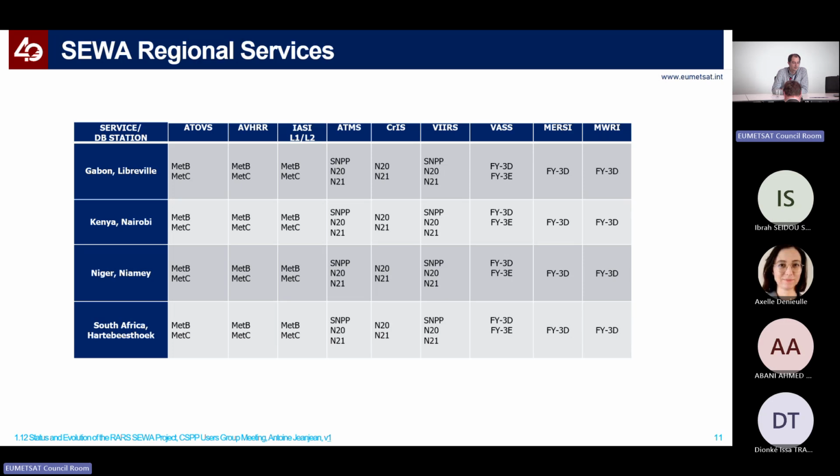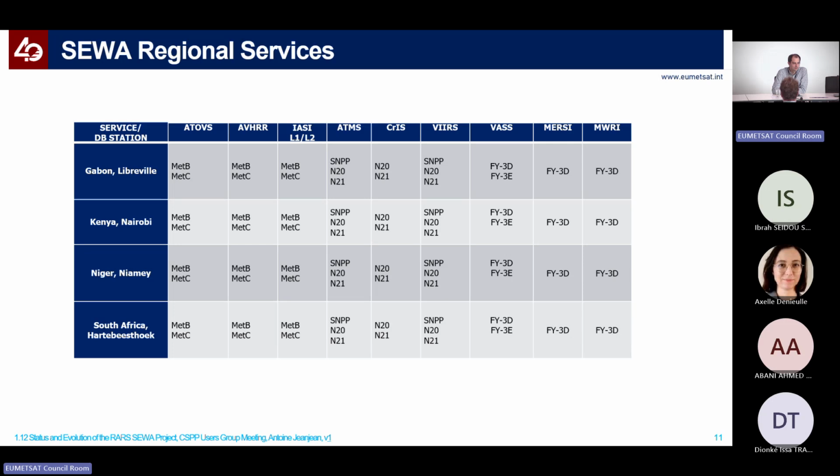Level 2 will be possible there as well, so it will be level 1 and level 2. For the JPSS, it will be ATMS, CrIS, and VIIRS from NPP, NOAA-20, and NOAA-21 if NPP is still operational. And for the Fengyun, it will be FY-3D and FY-3E, providing the sounding, the imager MERSI, and the microwave radiation imager, MWRI.